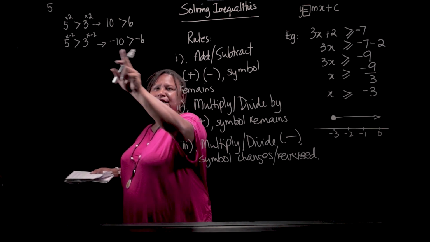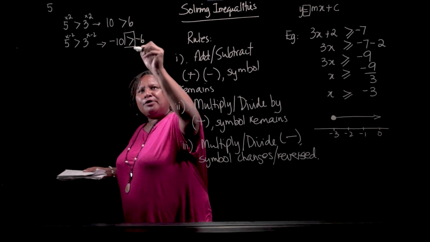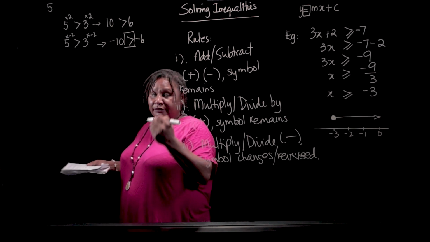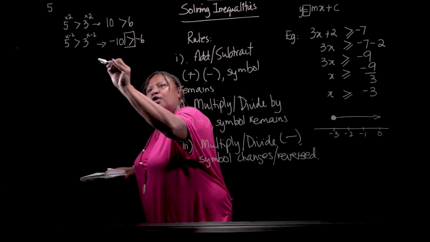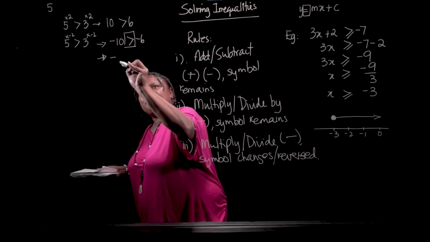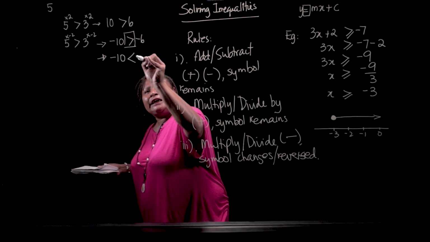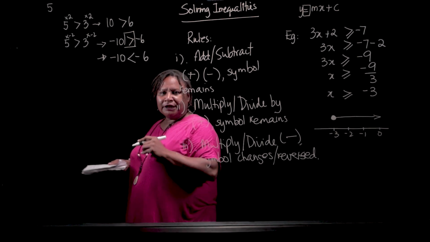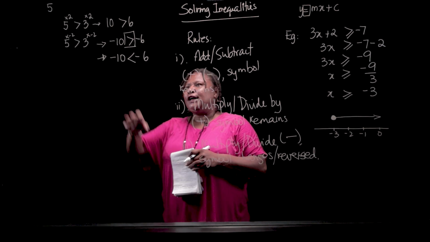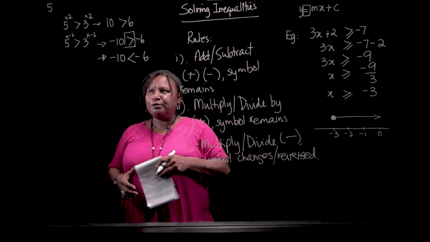Negative 10 is a smaller number. That is why this symbol here has to be reversed. So our inequality now should correctly be written as negative 10 less than negative 6. Okay, so keep this in mind when we are applying the third rule.